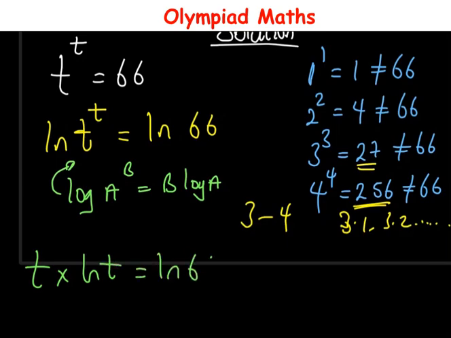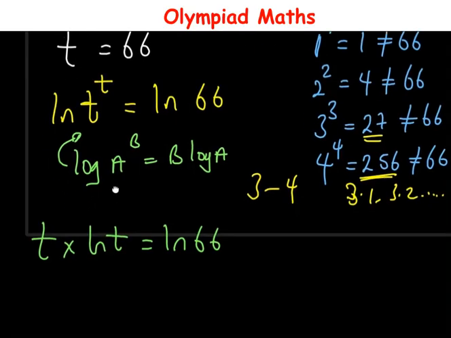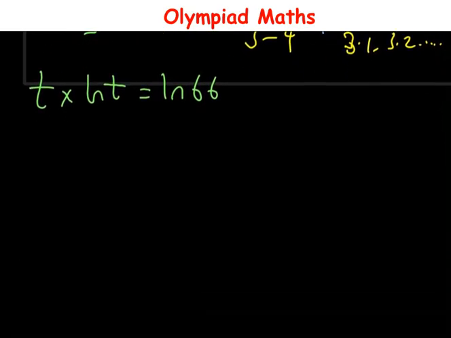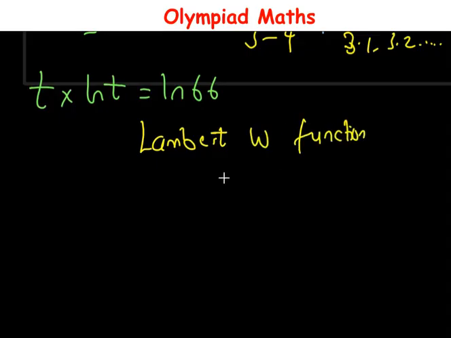Now, in order for us to solve for the value of t, we are going to introduce a particular function, and the function is called the Lambert W function. This function is that if you have an expression, something like a times e raised to power a, and you apply the Lambert W function to this, what you will get is a.